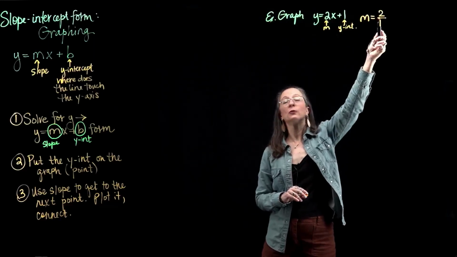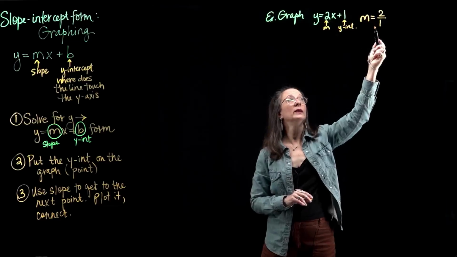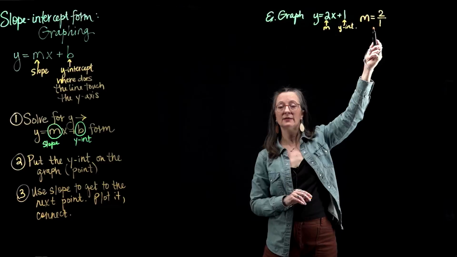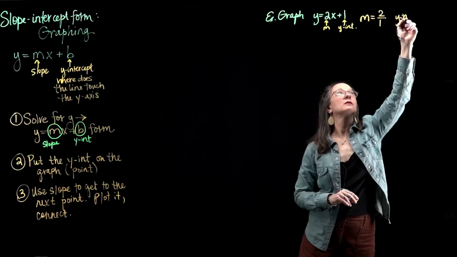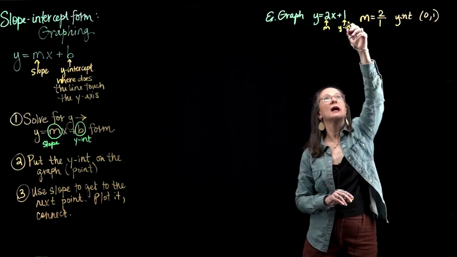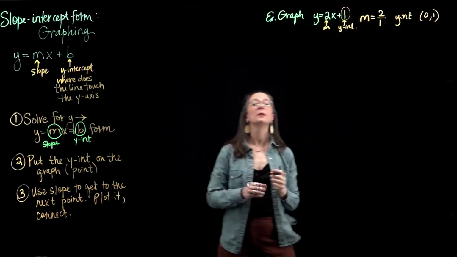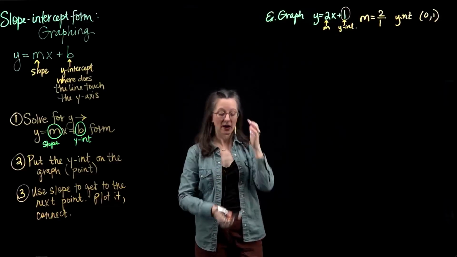If it's positive, we go up. If it's negative, we go down, but we always move to the right. And my y-intercept is the point (0, 1), and that comes from the plus 1, the constant term on the end.